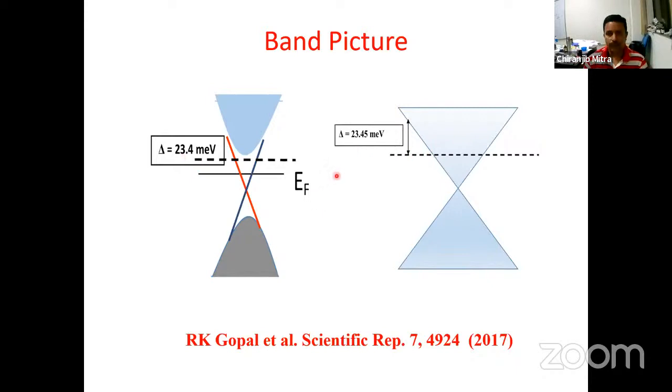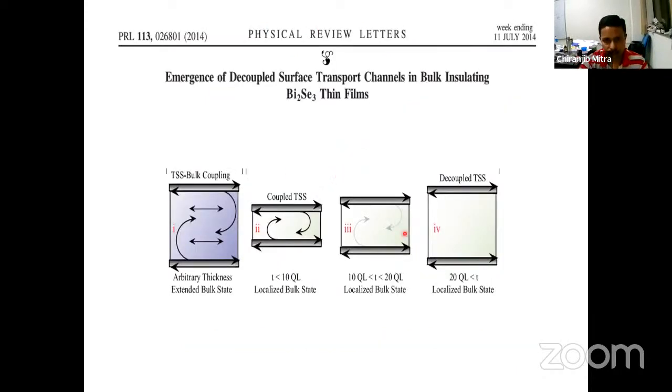Just to conclude this part, there was a theoretical paper which gave this scenario: irrespective of the thickness of the film, the top and the bottom surfaces could be coupled or decoupled depending on how many bulk carriers there are, and the bulk carriers are coming from the doping, or rather the selenium vacancies.